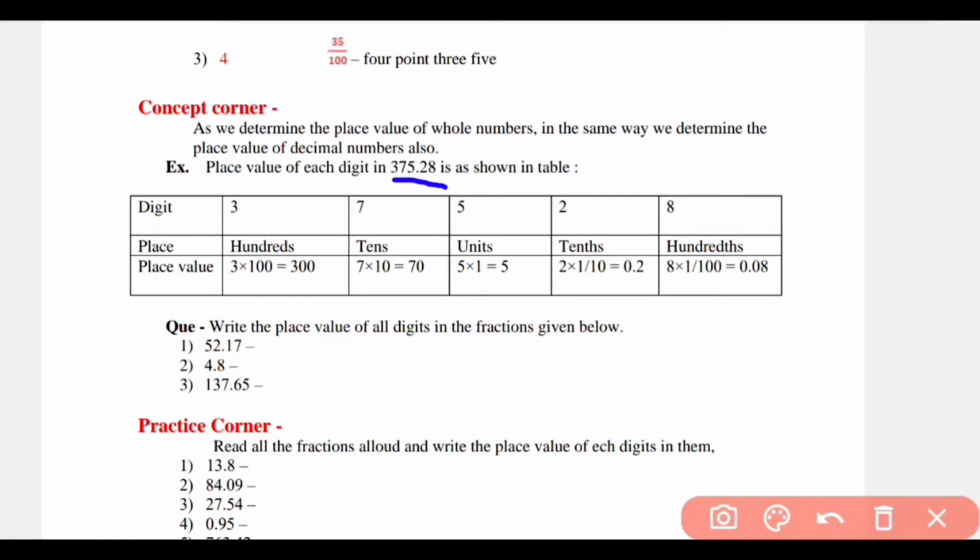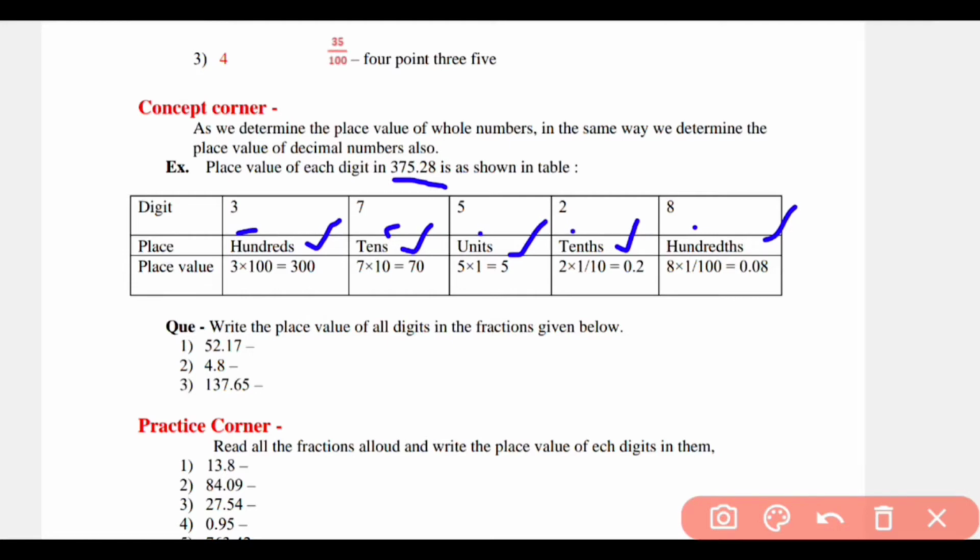After the decimal point, on the right hand side there is 28. The place of 3 is hundreds, the place of 7 is tens, the place of 5 is units. When we go to the right hand side of the decimal point, we have to write tenths and hundredths. There is a little difference in the spelling, so check it very carefully.